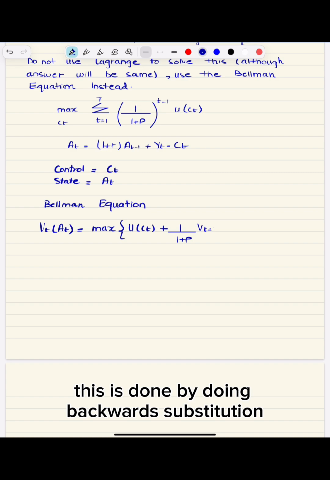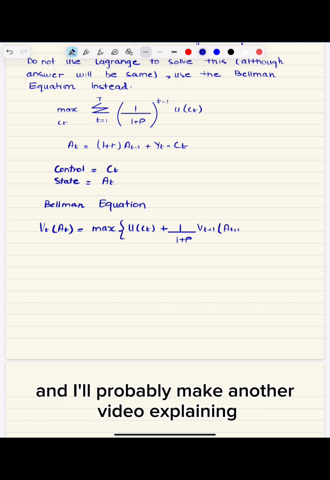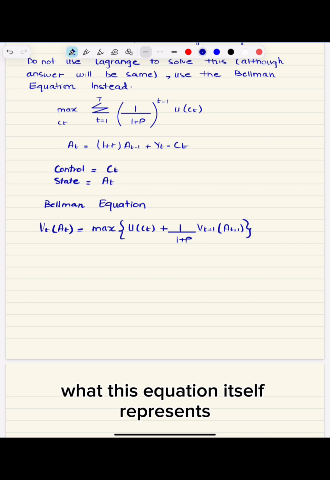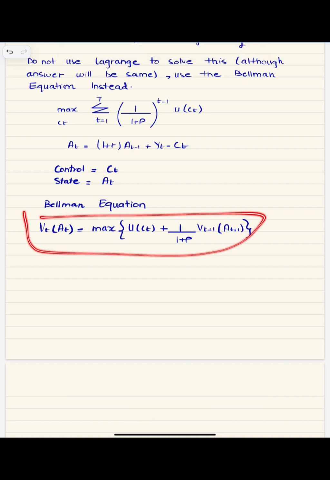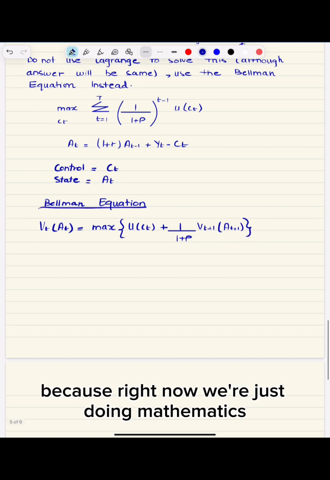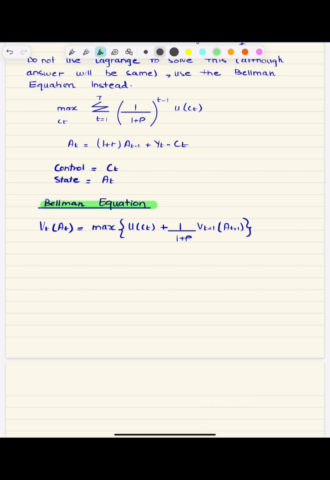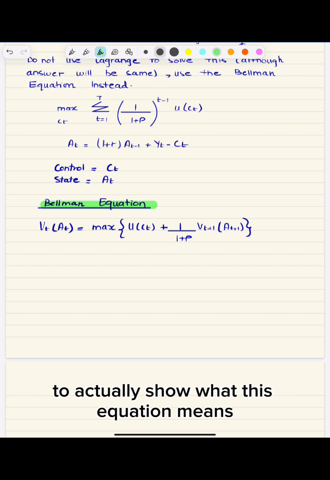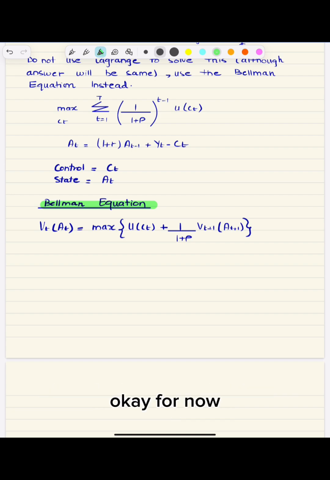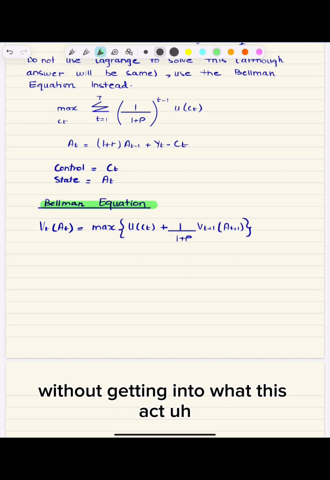This is done by doing backward substitution, and I'll probably make another video explaining what this equation itself represents, because right now we're just doing mathematics without actually understanding what's happening. But we can solve the traveler's problem or some other problem to actually show what this equation means. Okay, for now we're just going to do the mathematics without getting into what this equation represents.